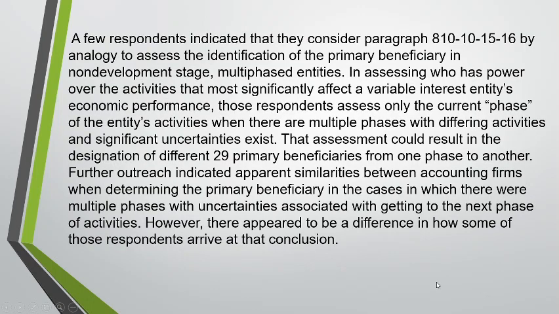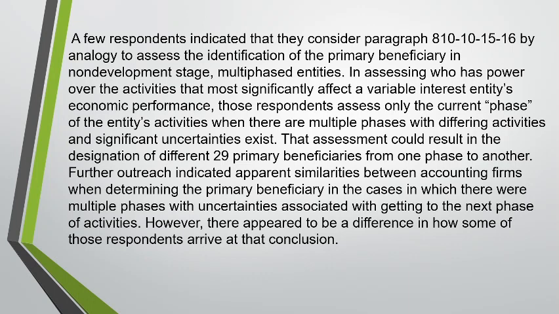Few respondents indicated that they considered the paragraph by analogy to assess the identification of the primary beneficiary in non-development stage multi-phase entities, in assessing who has power over the activities that most significantly affect the variable interest entity's economic performance.